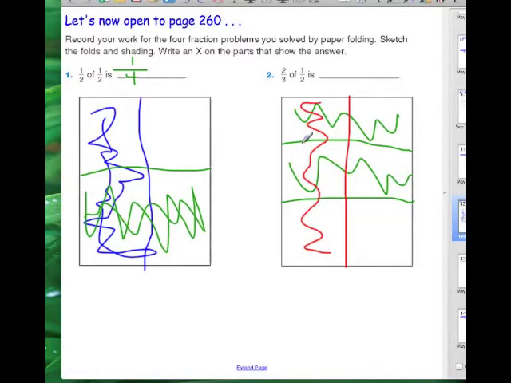So now our paper is folded into 1, 2, 3, 4, 5, 6 different parts, and 2 of the parts have both colors shaded. So our answer is 2/6, because 2 out of the 6 different sections have both colors.